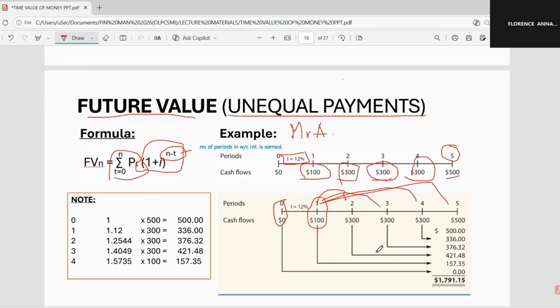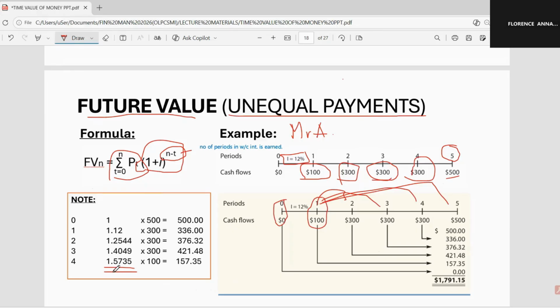So, what is your future value interest factor or your FVIF for 4 periods? That is 1.5735, which is 1.12 times 1.12 times 1.12 times 1.12.